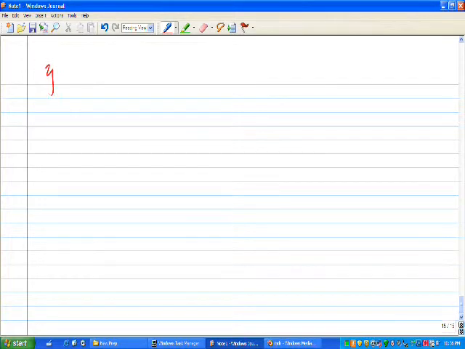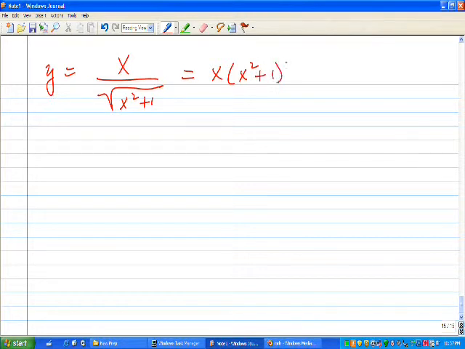Let's take y equals x divided by the square root of x squared plus 1. Here I would rewrite this as x times x squared plus 1 to the minus 1/2. And we're going to start off thinking about the product rule.